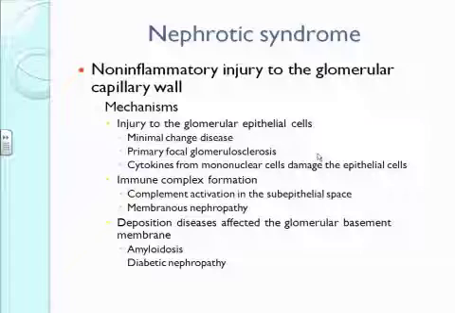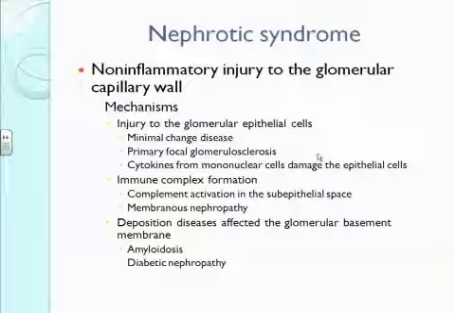Okay? The mechanisms involved in this are that you can get injury to the glomerular epithelial cells, which is called things like minimal change disease and primary focal glomerulosclerosis, or cytokines from mononuclear cells can actually damage the epithelial cells. You can also get immune complex formation, which leads to complement activation in the subepithelial space, and this leads to what's called membranous nephropathy.